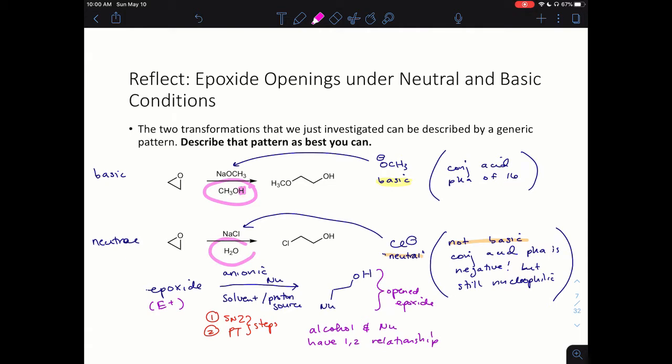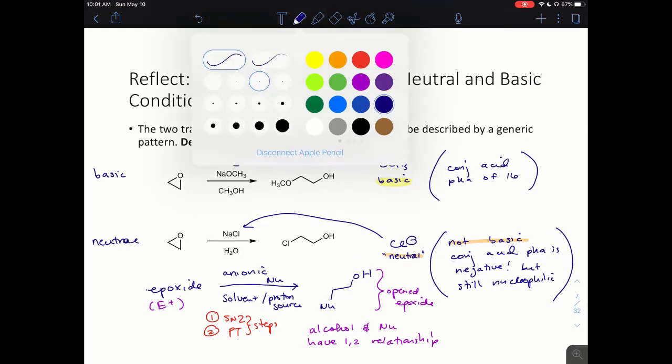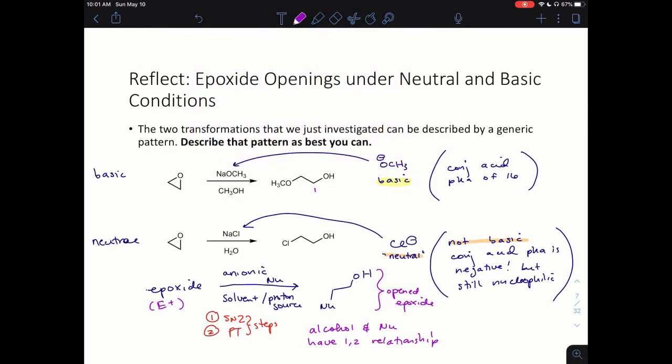So under basic conditions, it was the conjugate acid of the base. And for the neutral conditions, it was water, but there's some proton source. And then finally, you have the ring-opened epoxide. And you have, in both cases, this 1-2 relationship between the alcohol and the nucleophile that attacked the epoxide.